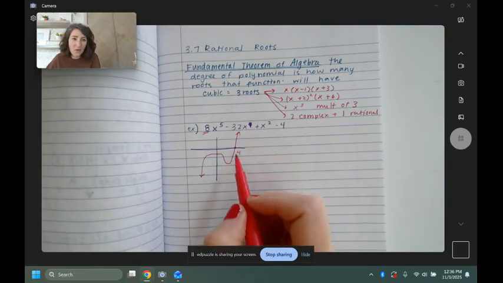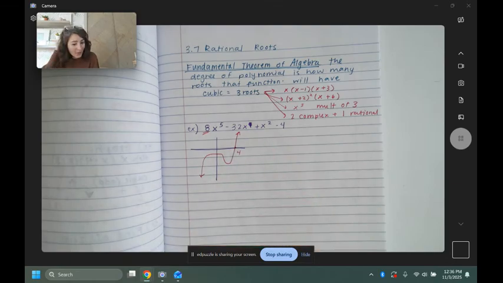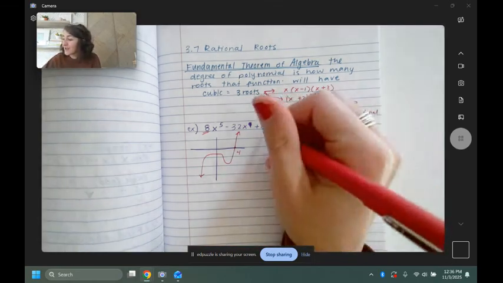Let's say I didn't know the root. How could I go about starting this?